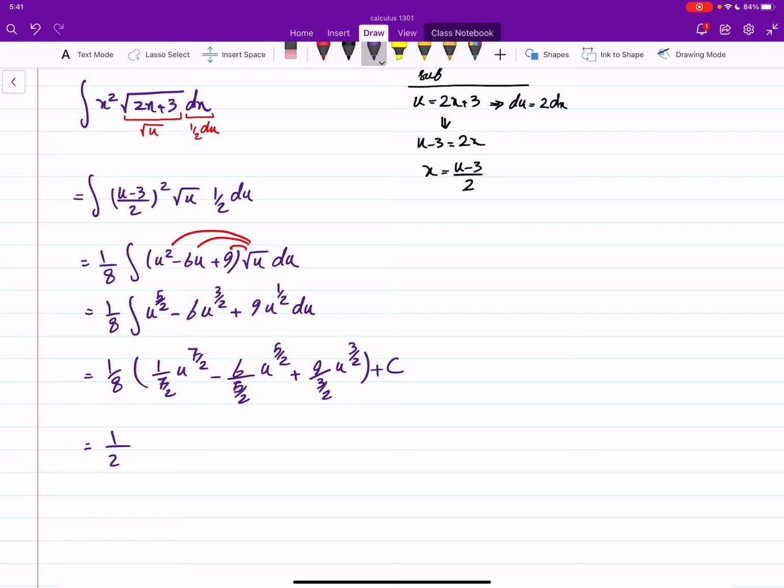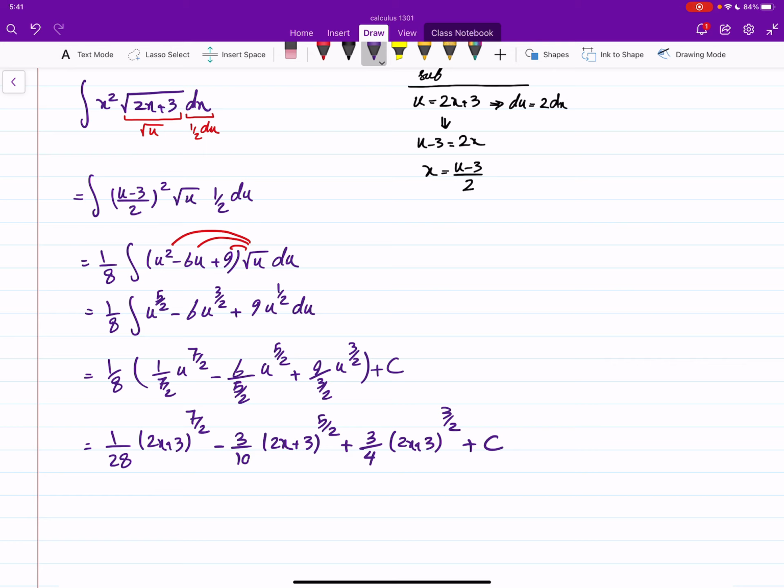What is u? u is 2x plus 3, to the power 7 over 2 minus, so I simplify that, this is 26 over 20, or 3 over 10, 2x plus 3 to the power 5 over 2, plus, this is 9 over, actually I can simplify that one as well, so this is 3 over 4, and then 2x plus 3 to the power 3 over 2, then plus c.